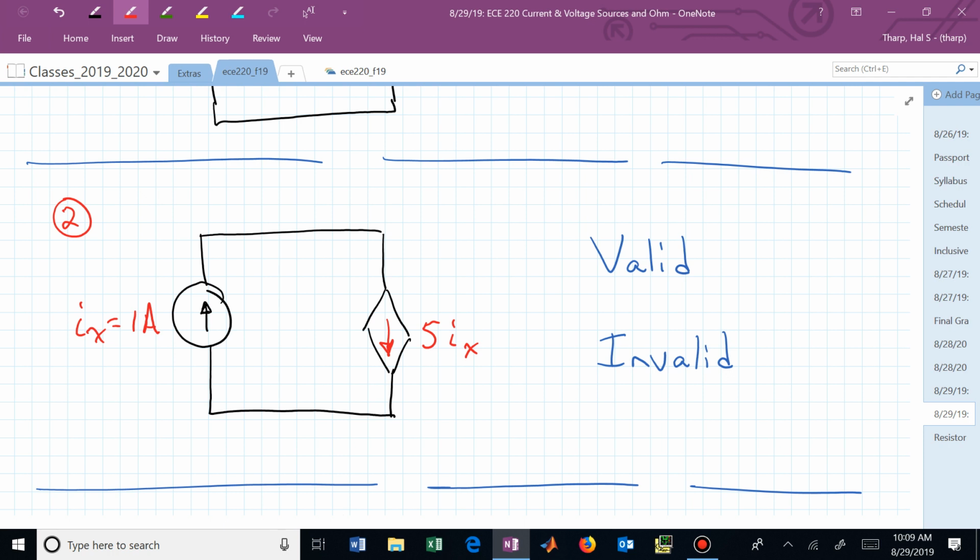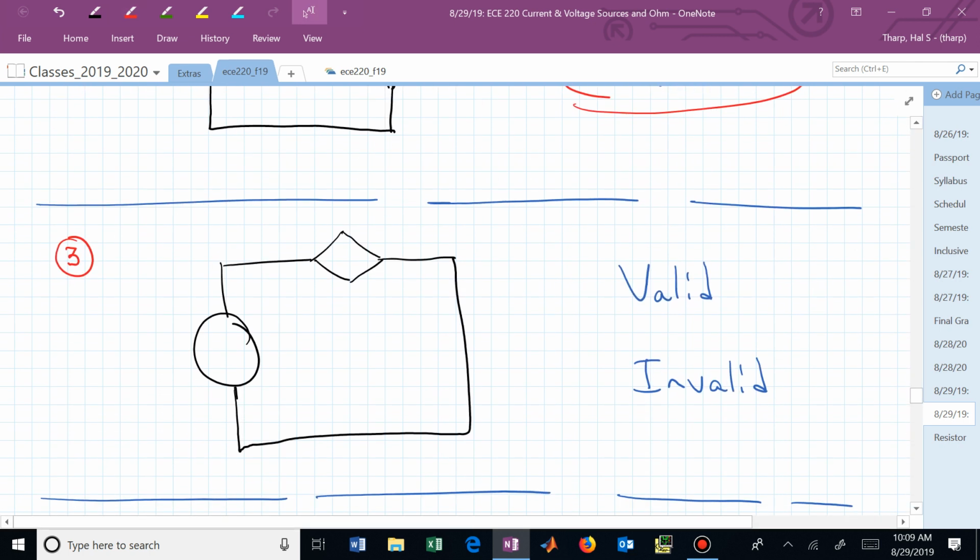The current source is saying, whatever happens on the other side of this circuit, I'm going to give you 1 amp. What's the other side of the circuit saying? I'm going to give you 5. Is that valid? No, these are not compatible. So this is an invalid interconnection. You wouldn't want to be connecting up your circuit to try to produce this result. This wouldn't be workable.